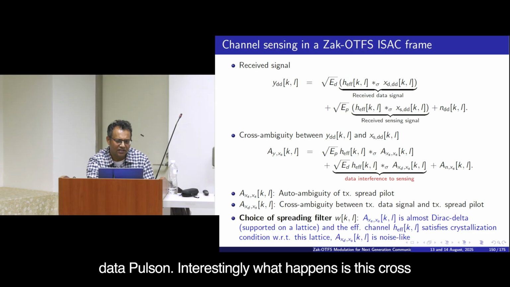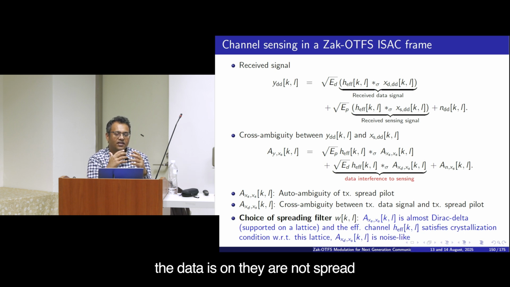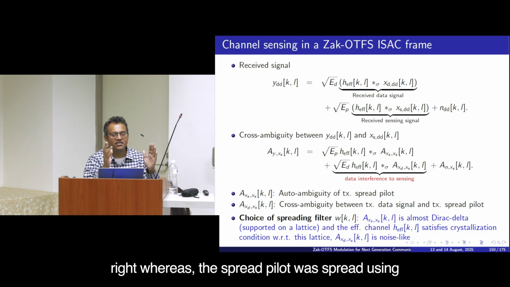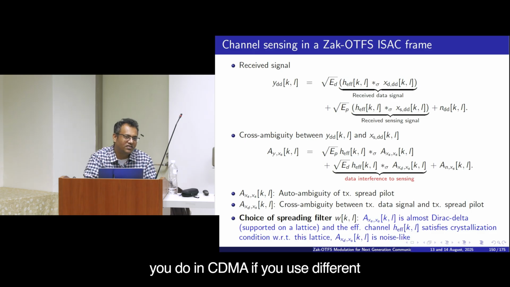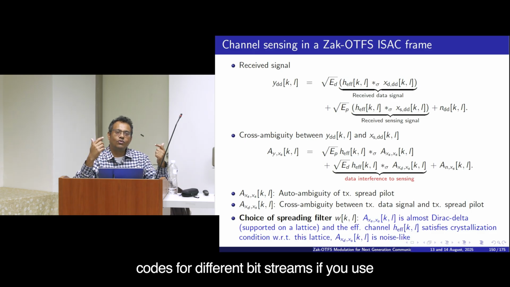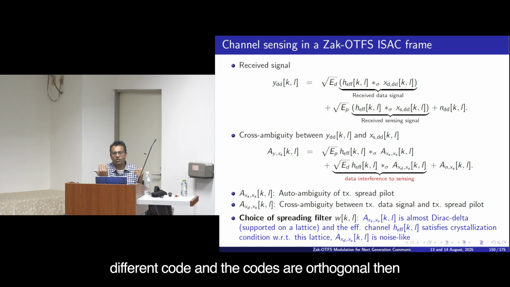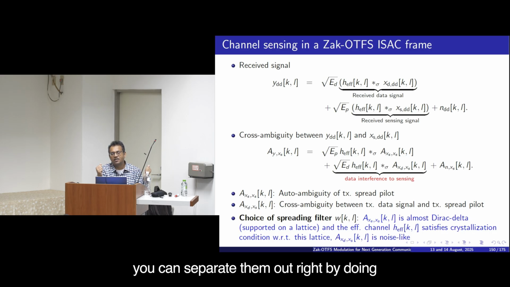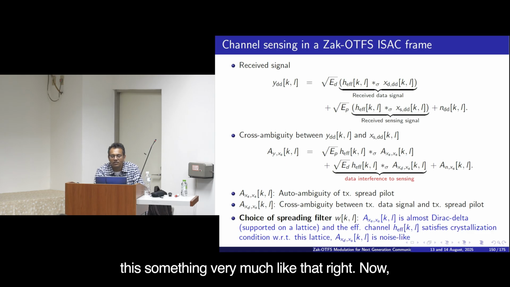Interestingly, this cross ambiguity does not have any lattice structure, because the data is not spread, whereas the pilot was spread using a filter. It is just like what you do in CDMA. If you use different codes for different bit streams and the codes are orthogonal, then you can separate them out. That is what is done in CDMA, so you can think of this as something very much like that.